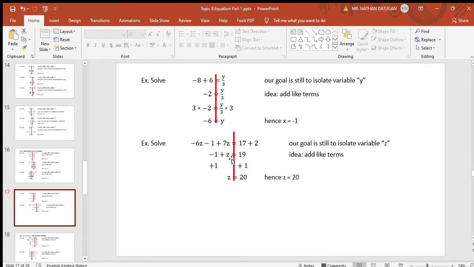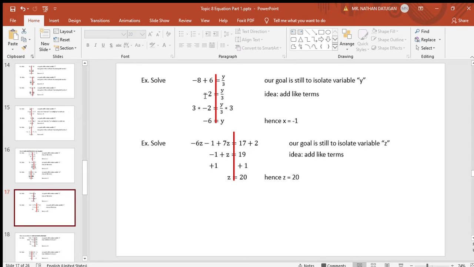Now for our next example, we have negative 8 plus 6 equals y over 3. Again, we want to isolate y. First things first, add like terms. Negative 8 plus 6 is negative 2, and there are no like terms on the other side, so we leave it as is.